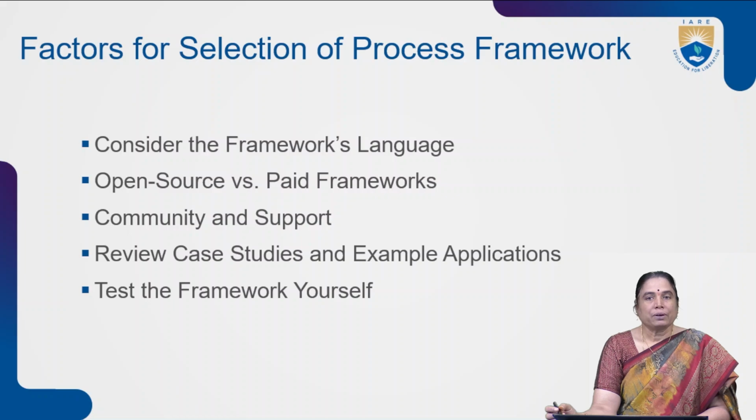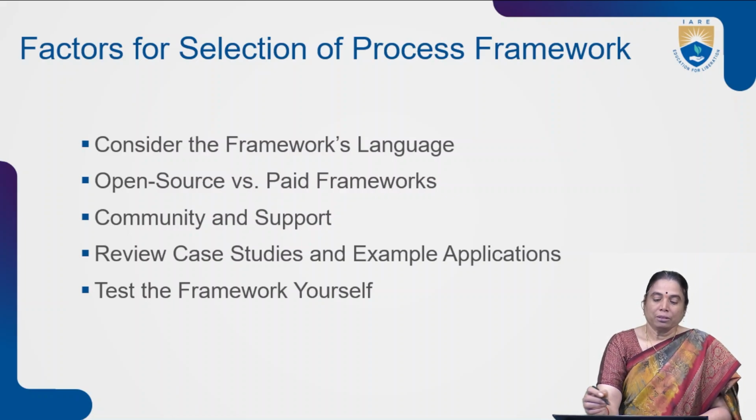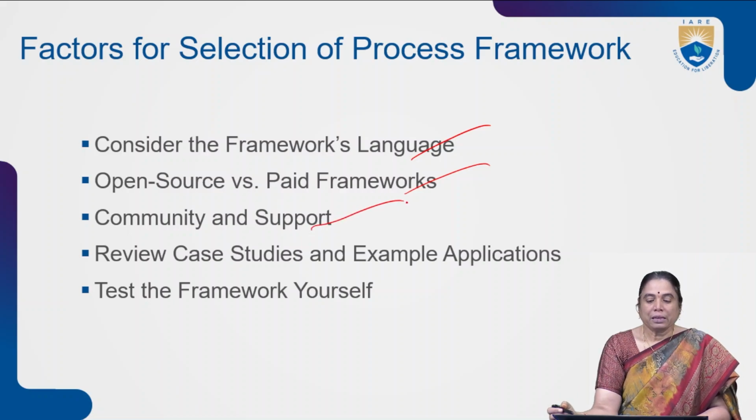The factors for the selection of a process framework. The parameters considered for framework selection are the framework language, open source or paid framework, the community and support, case studies and example applications built on the selected framework, and the testing procedure for the framework.